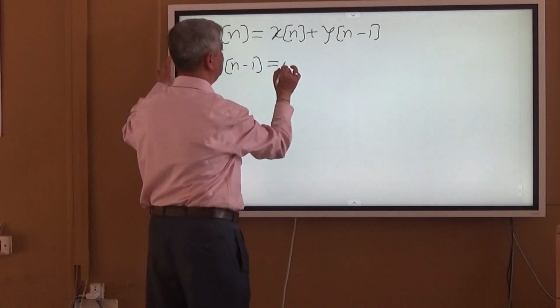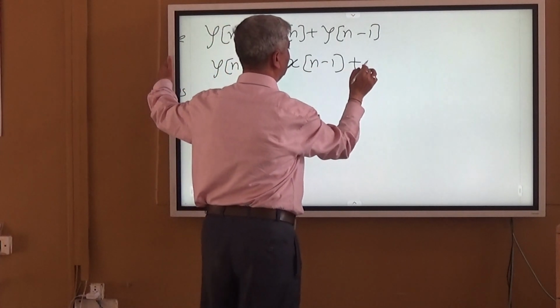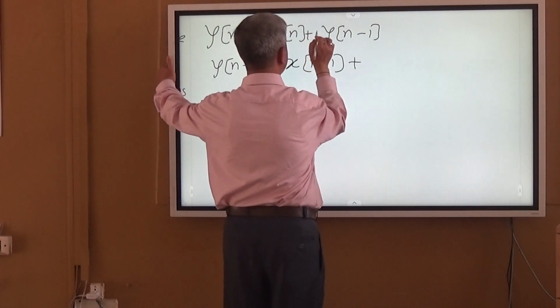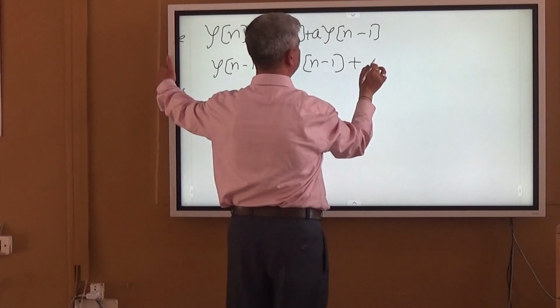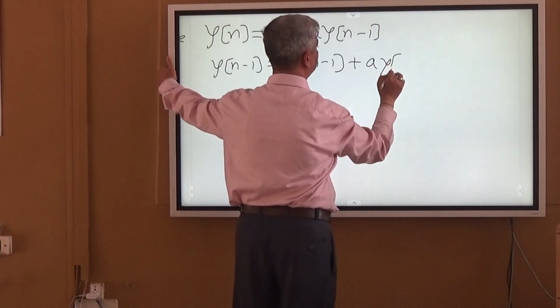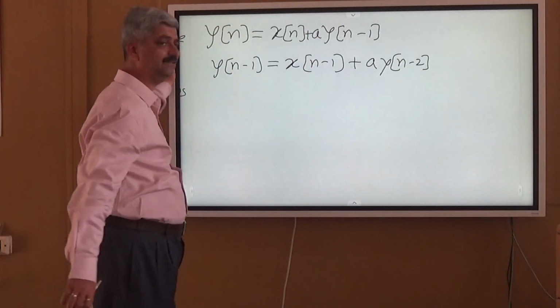So yn minus 1 is xn minus 1 plus, oh, we made a mistake here, the given expression has a. So plus a into yn minus 2, right?